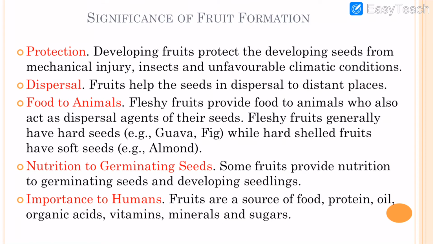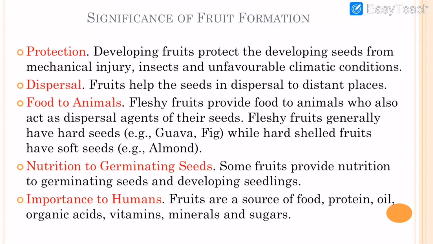Dear students, fruits also have different significance. They are very important for us and for plants, because fruits help in the protection of the seed. They protect the seed from mechanical injury, from insects, and from unfavorable conditions. They also help in dispersal.